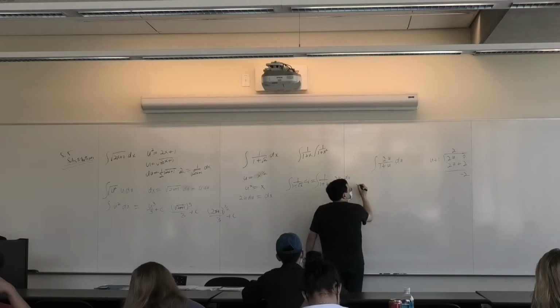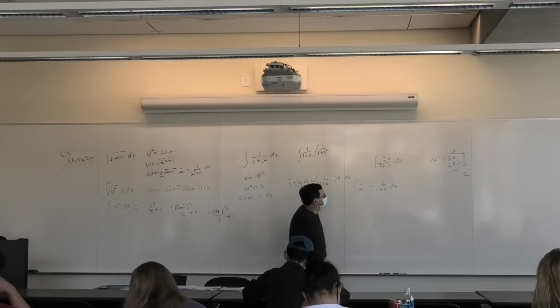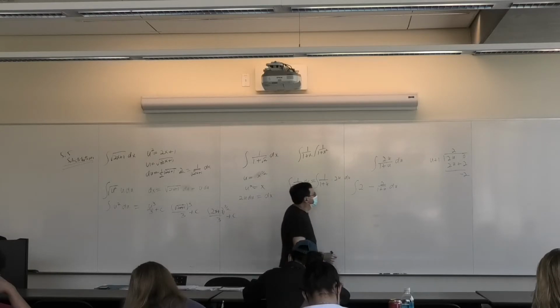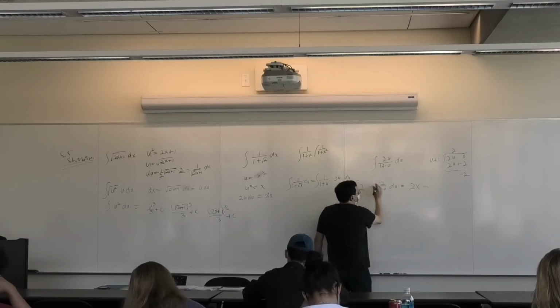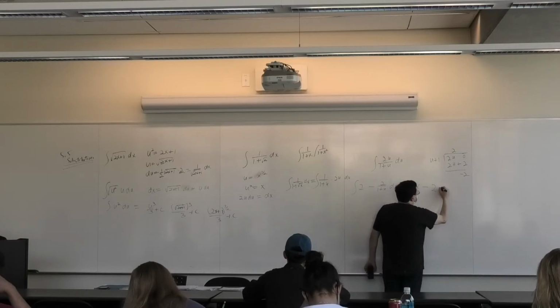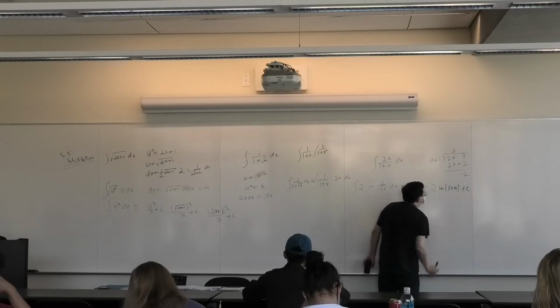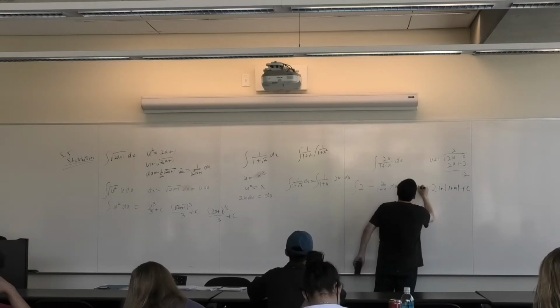So that means this is the integral of 2 minus 2 over 1 plus u. Well, it's kind of like magic. We know what to do with that. It's just 2u minus 2 times the log of 1 plus u. I'm sorry, this is not an x, this is a u.